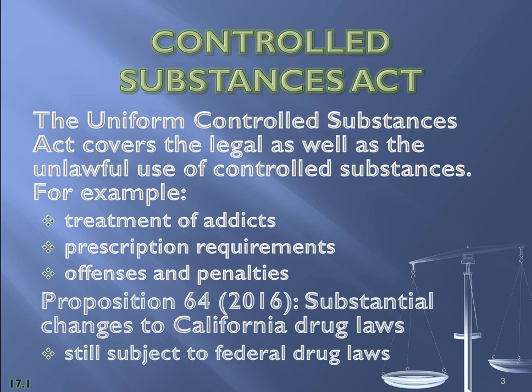However, the Uniform Controlled Substances Act covers the legal as well as the unlawful use of controlled substances. So, for example, treatment of addicts and the requirements for prescriptions and offenses and penalties, all of those are described in that act.